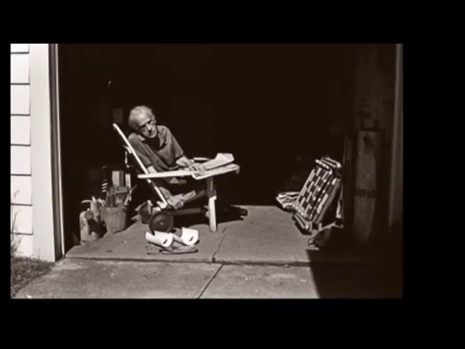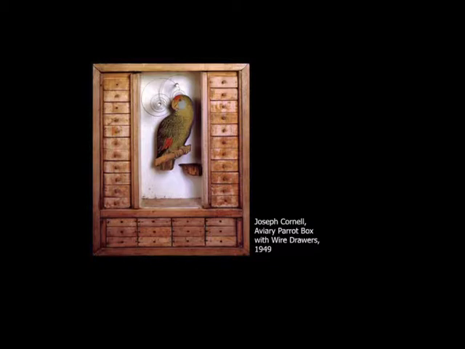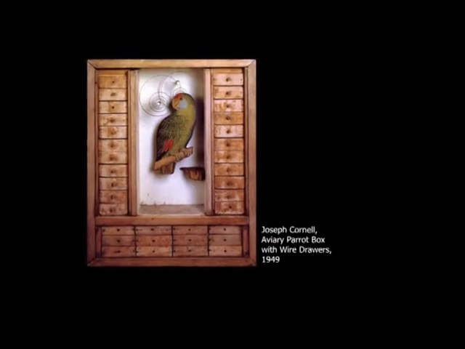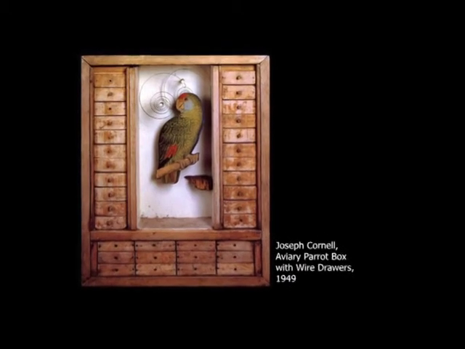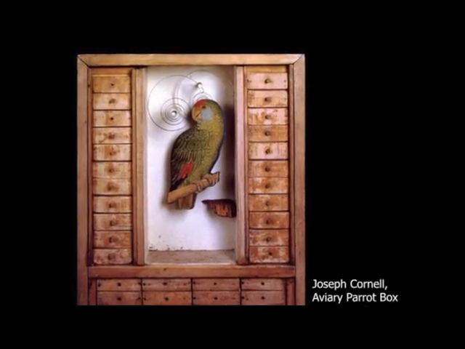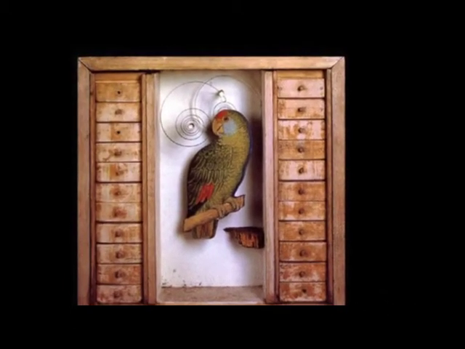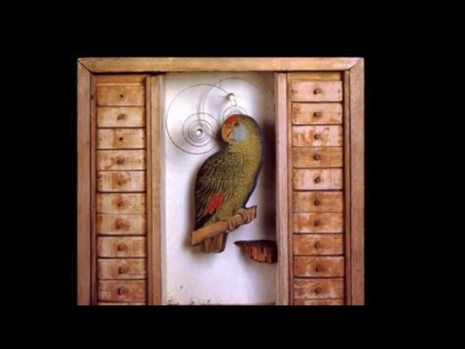He made these little shadow boxes of objects, and it's really not clear to me how they tie together. But I think there's a great quote: "Somewhere in New York City there are 4 or 5 objects that belong together. Once together, they'll make a work of art."